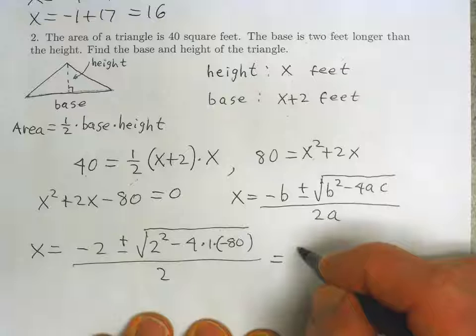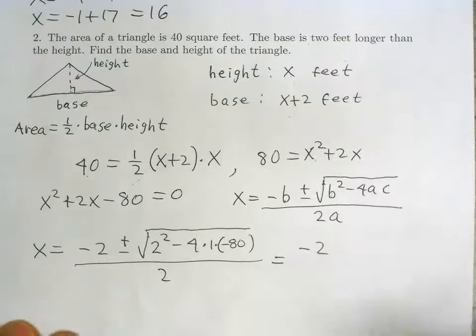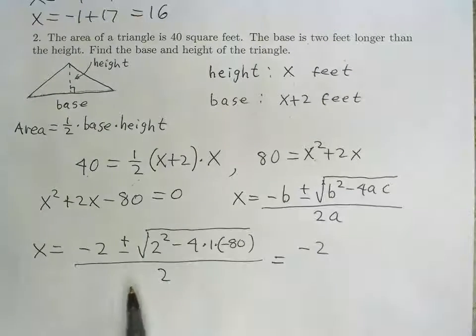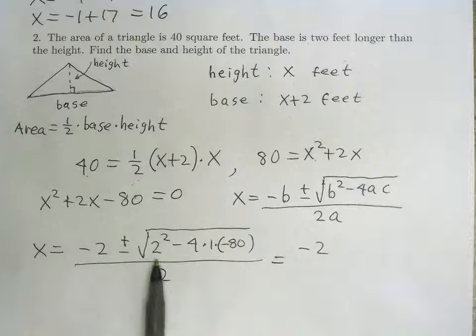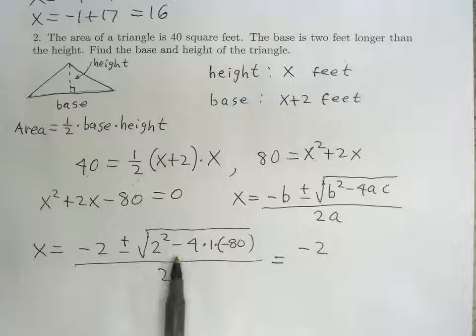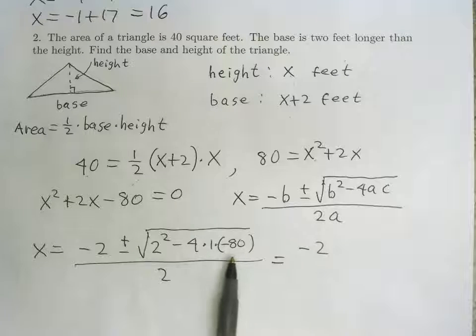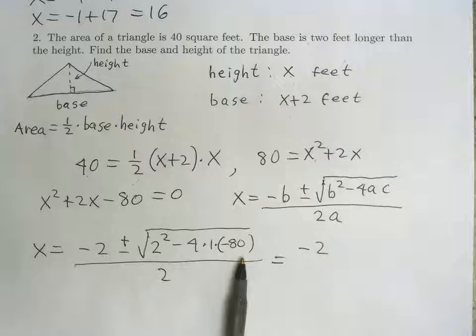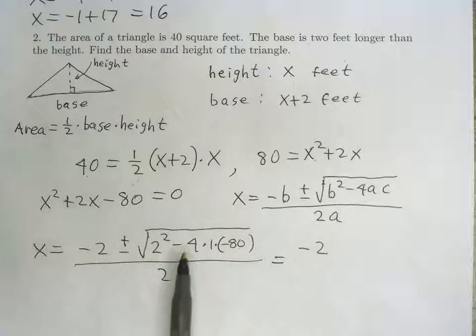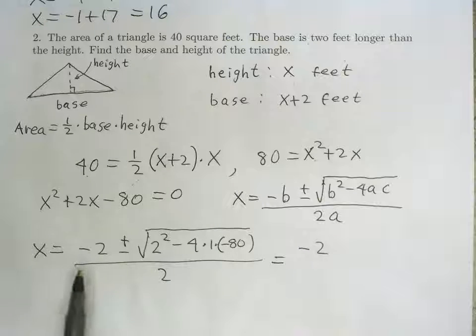Here we're in a situation, again, where we can tell ahead of time, since inside the square root we have 2 squared, which is 4, and 4 minus negative 320 is 4 plus 320, and the square root of that is bigger than 2.